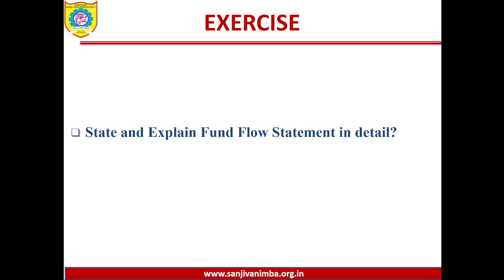So when you do that, you can easily find out FFO. FFO will go to sources of fund side if the answer comes positive. If the answer comes negative, it becomes loss from operation and will become a part of application of fund side. So this way, slowly and gradually, you find out each individual element of either FFO or FFS, and this way you can find out the fund flow statement.